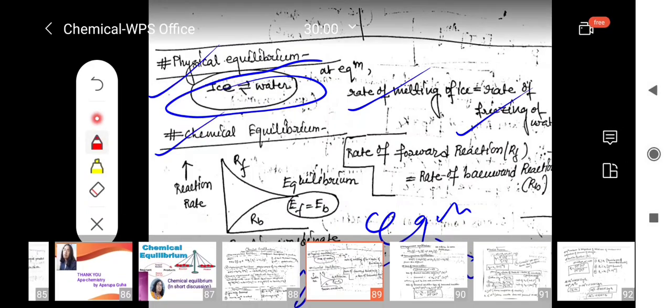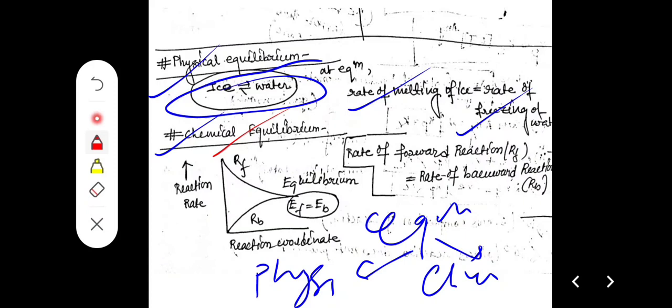Okay. Now we consider chemical equilibrium. The rate of forward reaction equals the rate of backward reaction, RF equals RB. If we consider the plot with reaction rate on the y-axis and reaction coordinate on the x-axis, there must be RF, the forward reaction, and RB, the backward reaction.